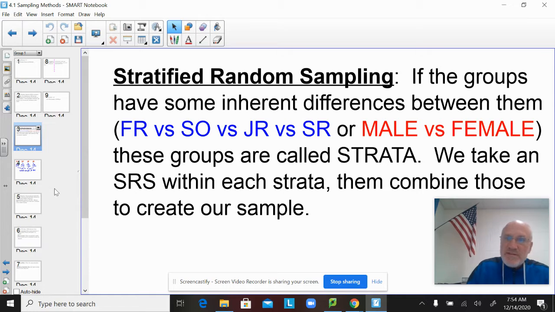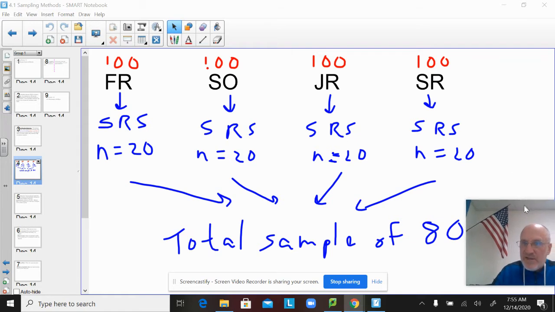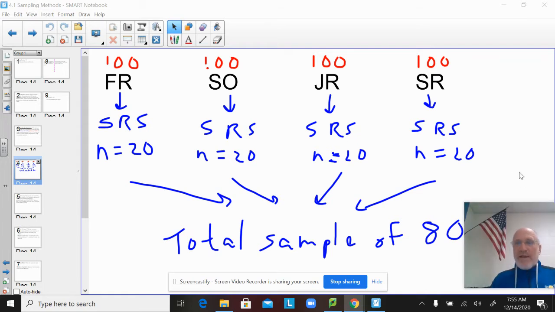So, for instance, in a school, if I wanted to sample 80 Northwest students, and I acknowledged there are some differences, freshman versus sophomore versus junior versus senior, I'd go to each class individually, one strata at a time, and take an SRS within each strata of size 20 and then combine those at the end to get my sample of size 80. Again, if the population has inherent groups, that's a really good way to make sure that each class is represented.